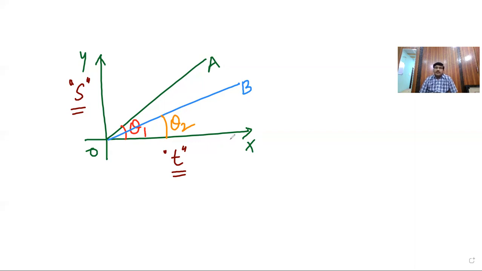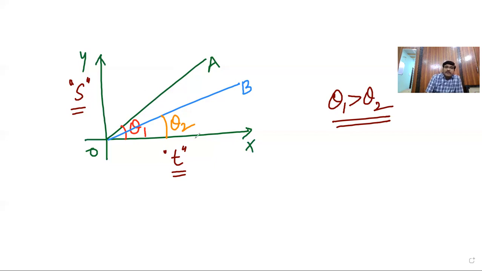Now, theta 1 and theta 2 indicate what? Slopes of the lines. Tangent of theta 1 and tangent of theta 2 give the slopes of the lines. Which line is having more slope? Observe, is theta 1 more or theta 2 more? In this case, theta 1 is more than theta 2.